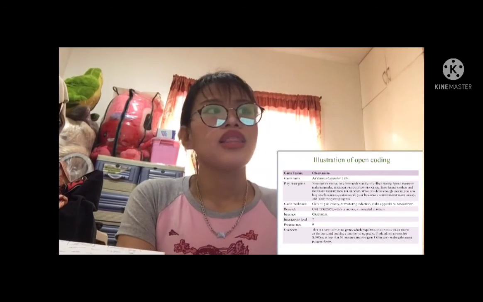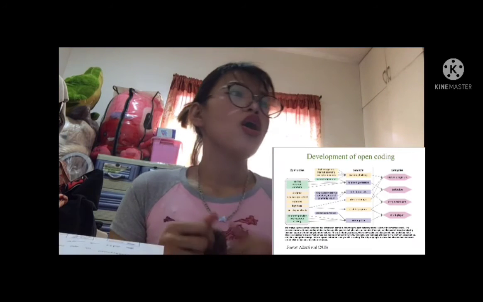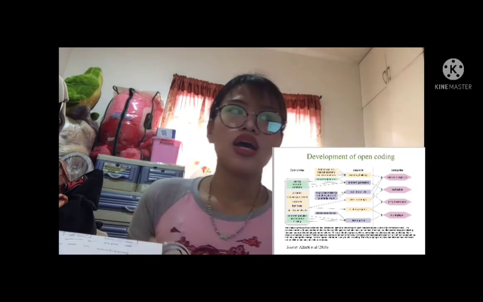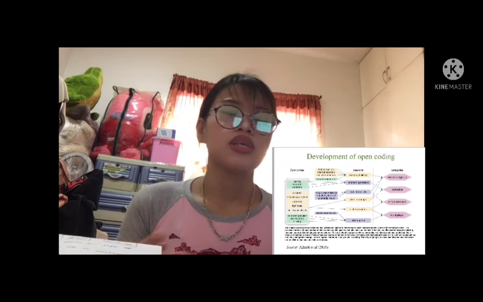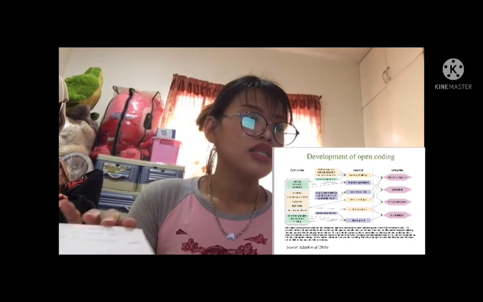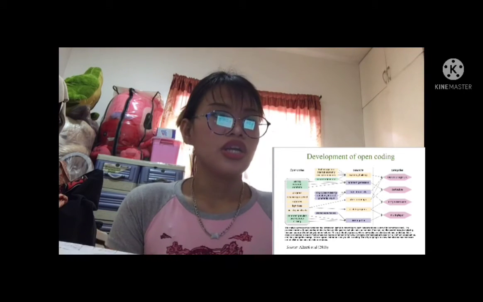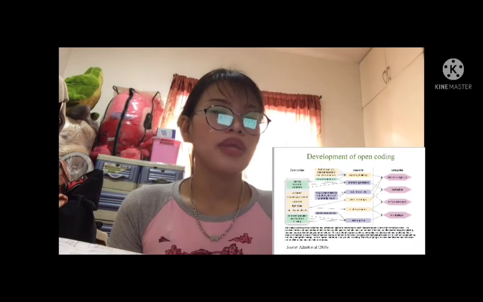So, next naman, yung development of open coding. So, makikita niyo dito yung open codes, concept, and saka category. So, tatlong steps. The analysis process that developed the incremental games super category. Each category above is part of incremental games.